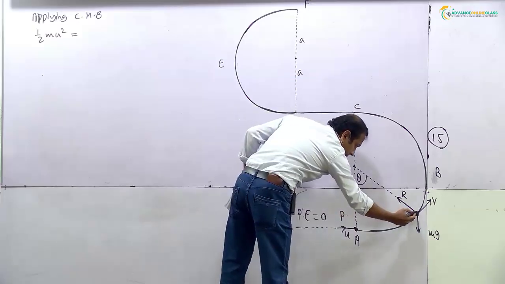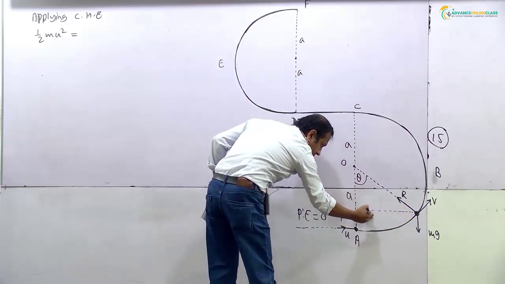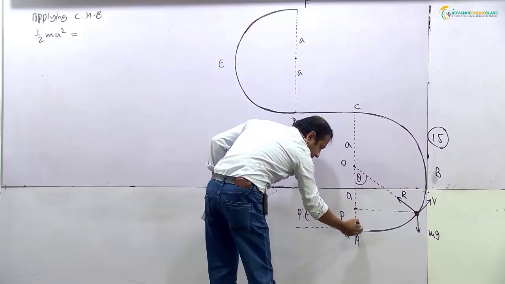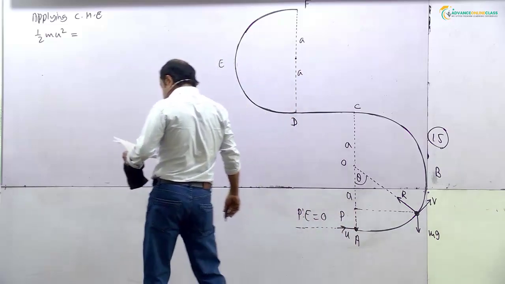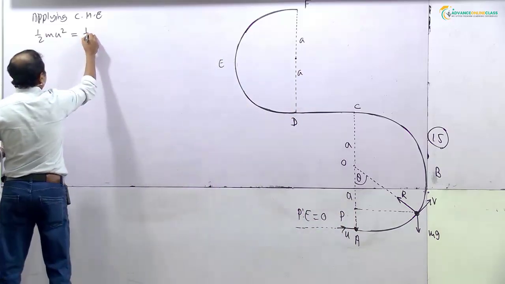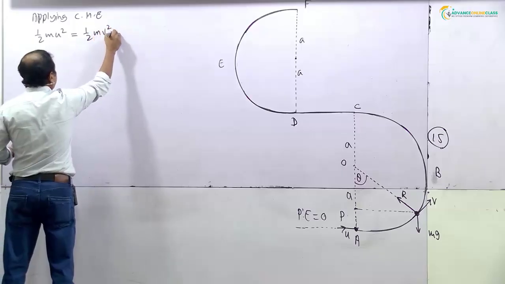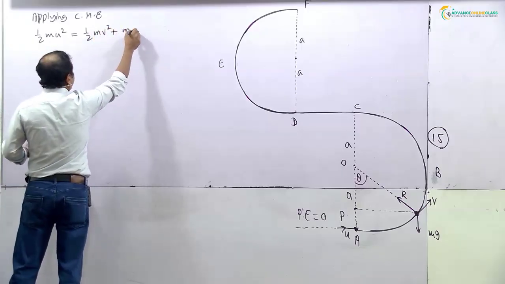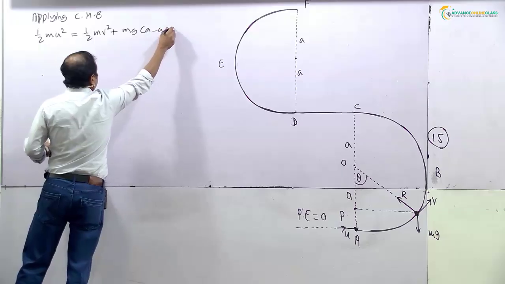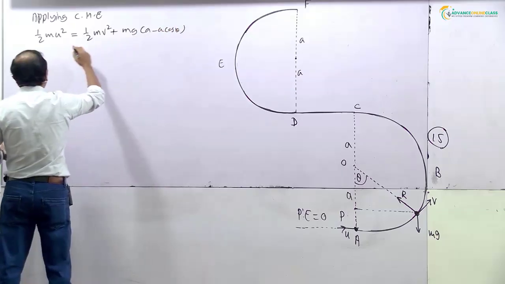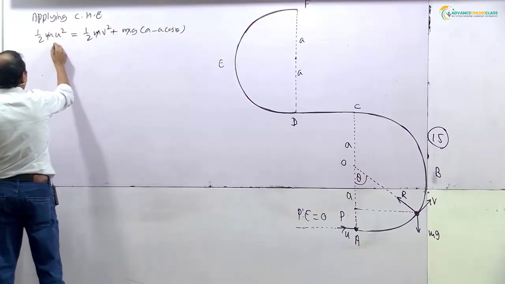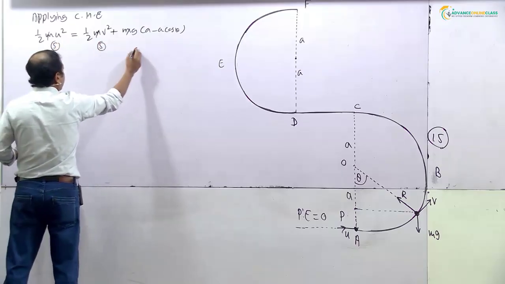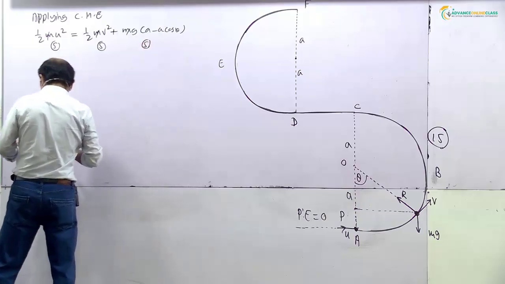So this height only we need, from here to here. The whole height is A, this is A cos theta. Then this is A minus A cos theta. Half mu squared equals half mv squared plus mg(A minus A cos theta). Right. m can cancel down. For this we get 5 marks.